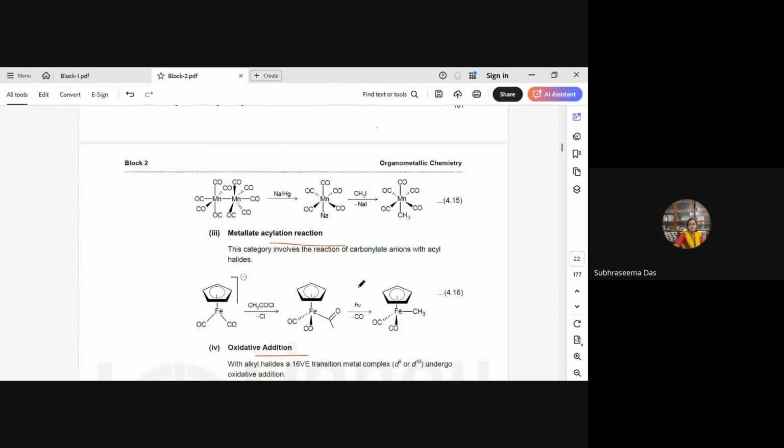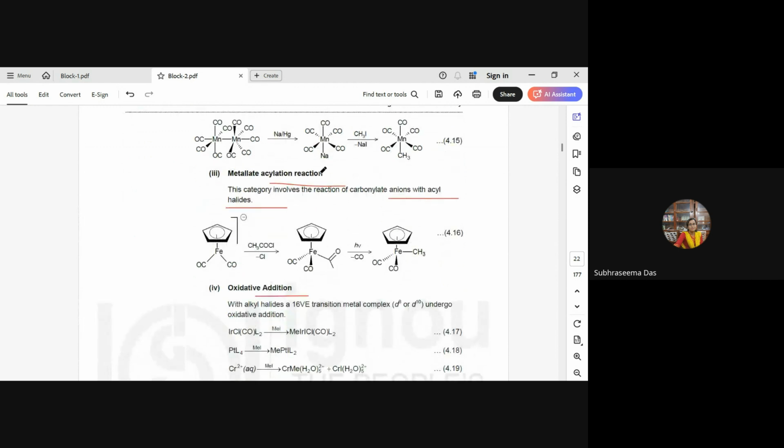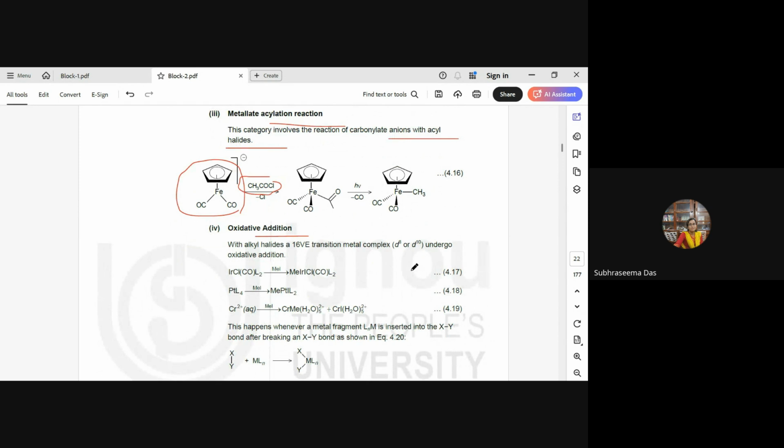Then coming to the metallate acylation reaction, this involves the reaction of carbonylate anions with acyl halides. The carbonylate anion is shown here, and the acyl halide is CH3COX, and here the reaction proceeds. Then the last method of preparation is oxidative addition.